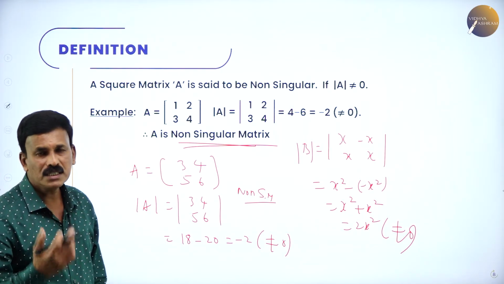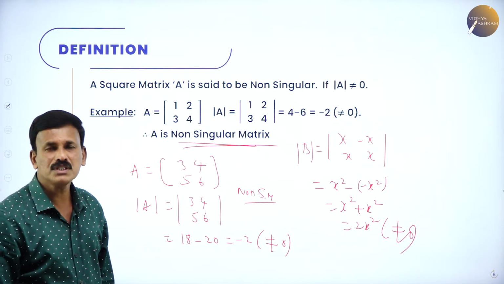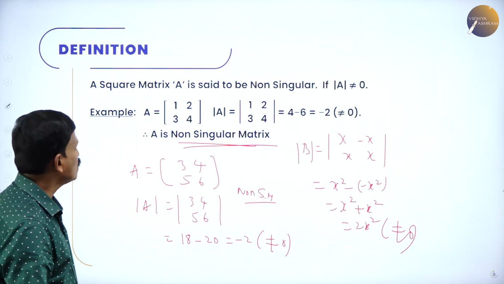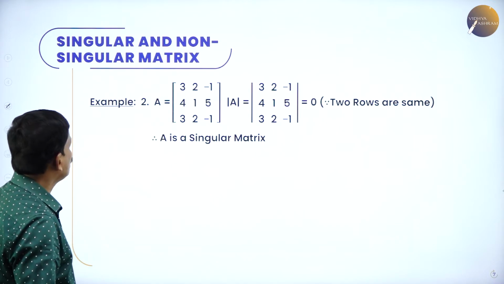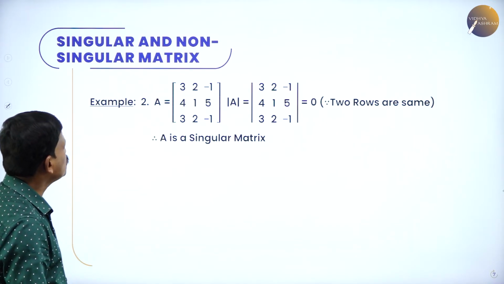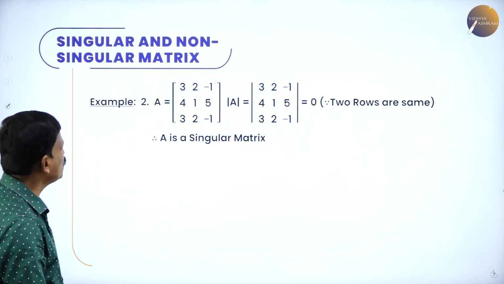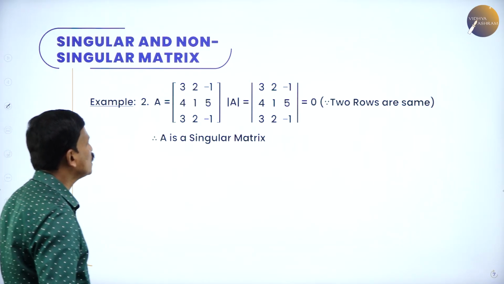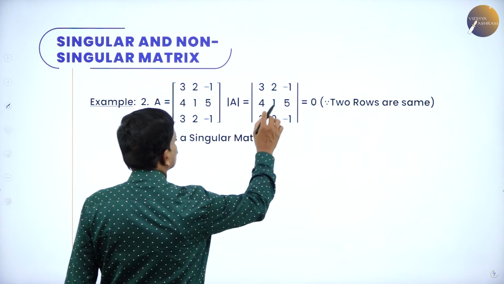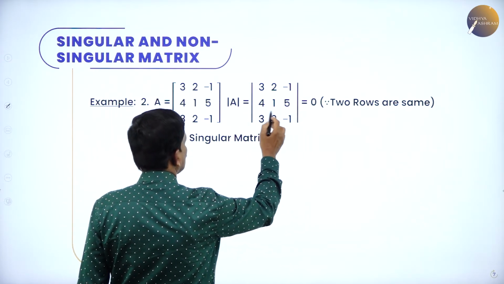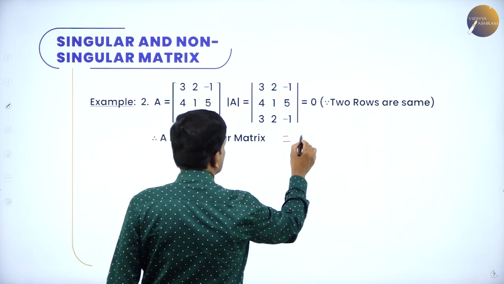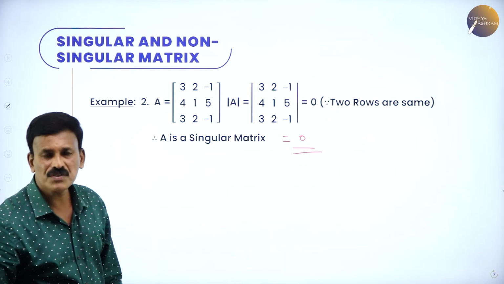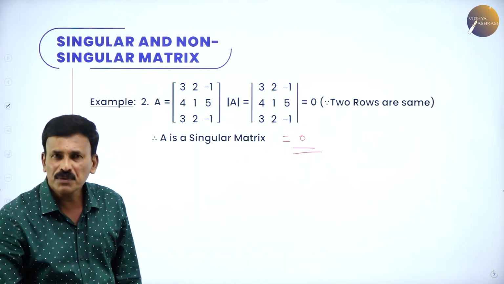Now, let us take a problem in 3 rows and 3 columns. If A is equal to 3, 2, minus 1, 4, 1, 5, 3, 2, minus 1, then the determinant of this is 3, 2, minus 1, again 4, 1, 5, this is equal to 0 because we have just studied the properties of determinants.